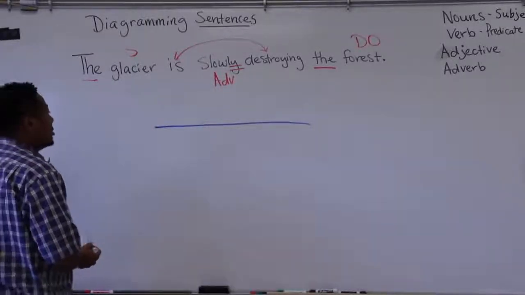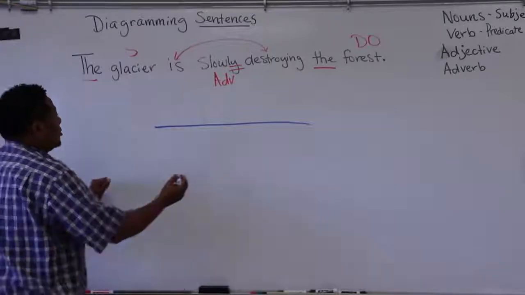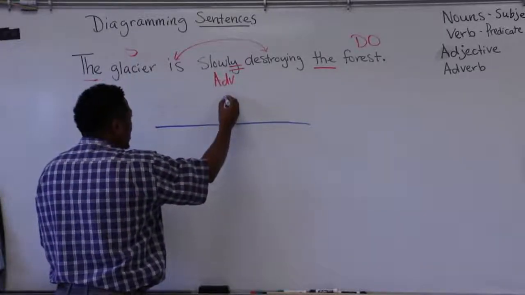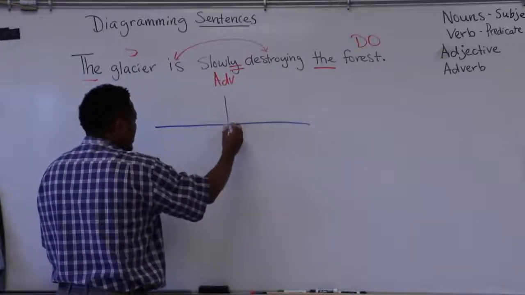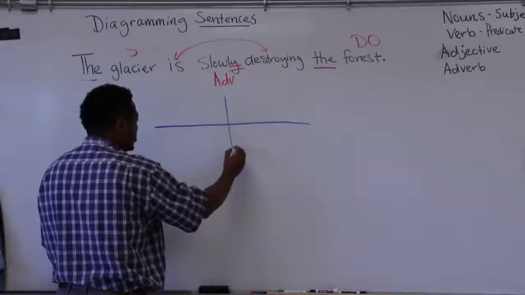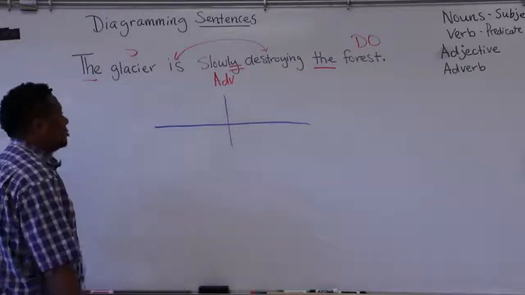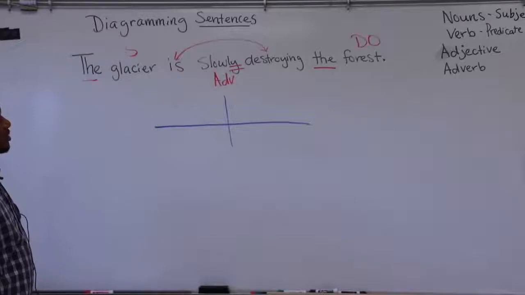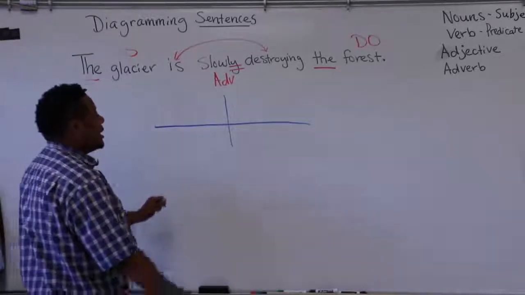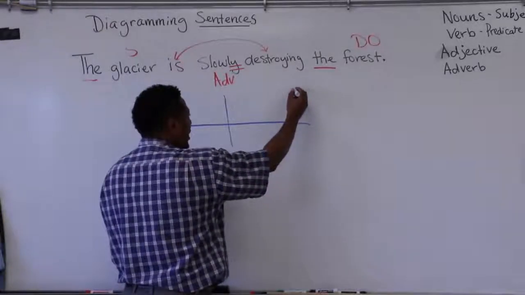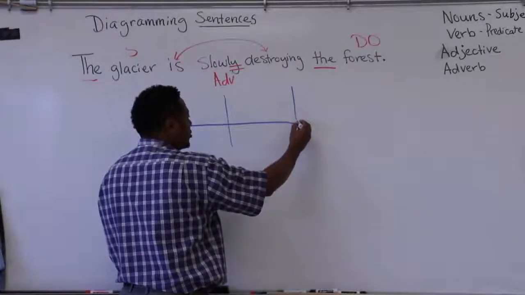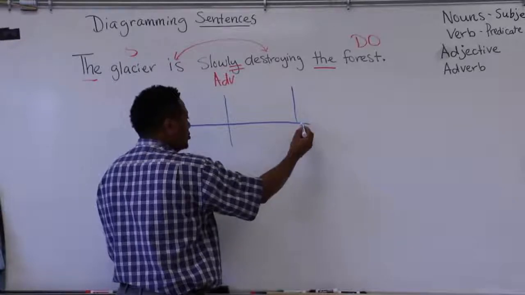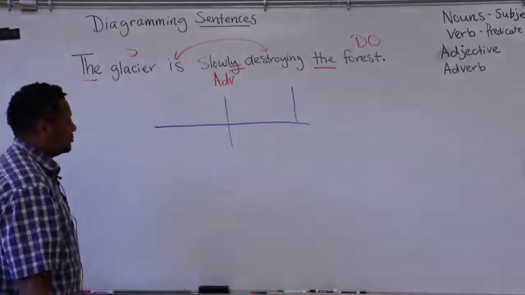Then we start adding our vertical line that goes straight through the baseline. And because we have a direct object in this sentence, we add another vertical line, but this vertical line does not go through the baseline.